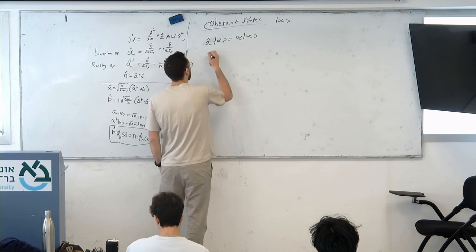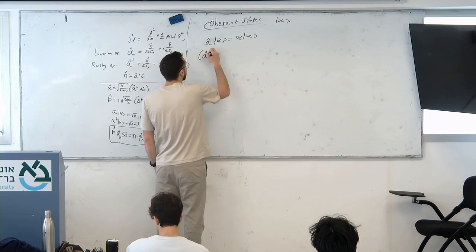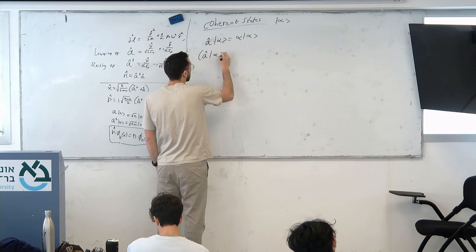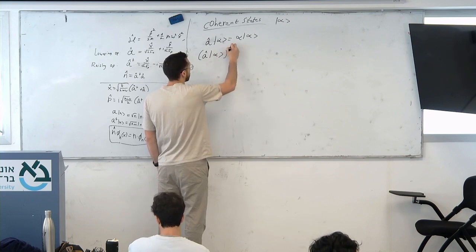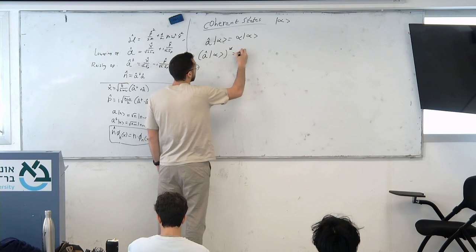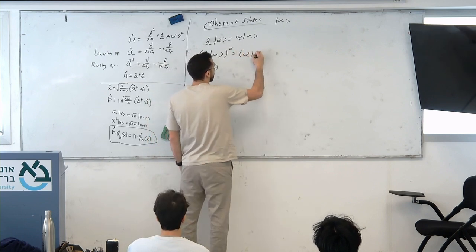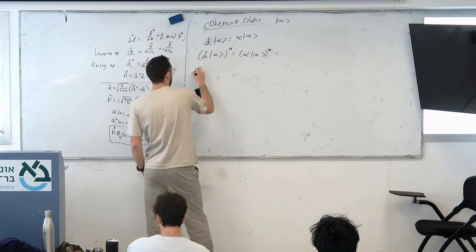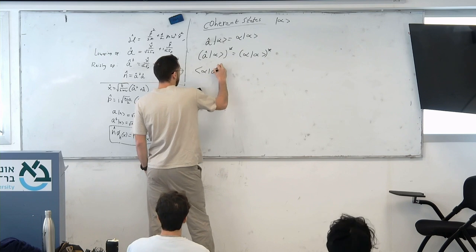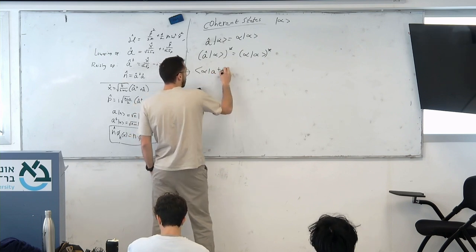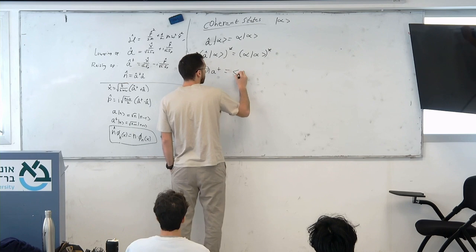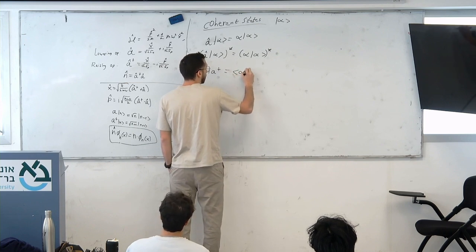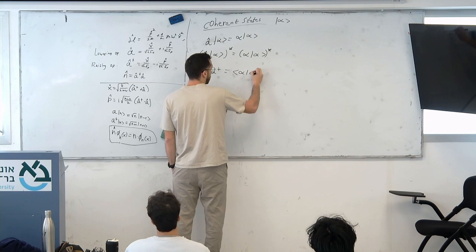We can just take the dagger, the conjugate of both sides. And what we're going to get is bra alpha a dagger is equal to alpha conjugate, bra alpha.